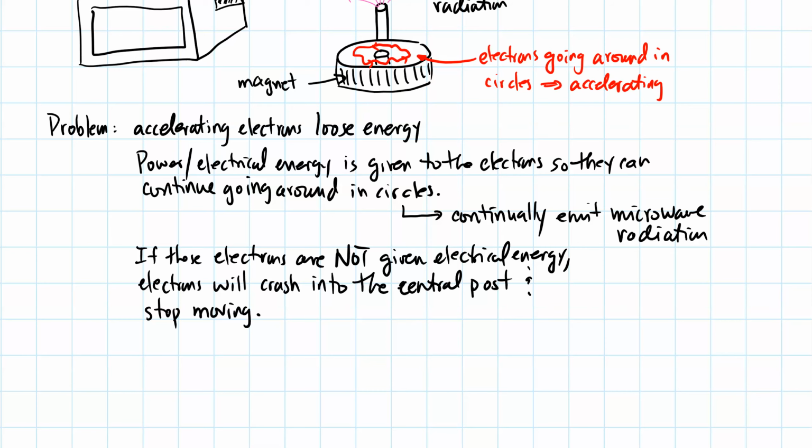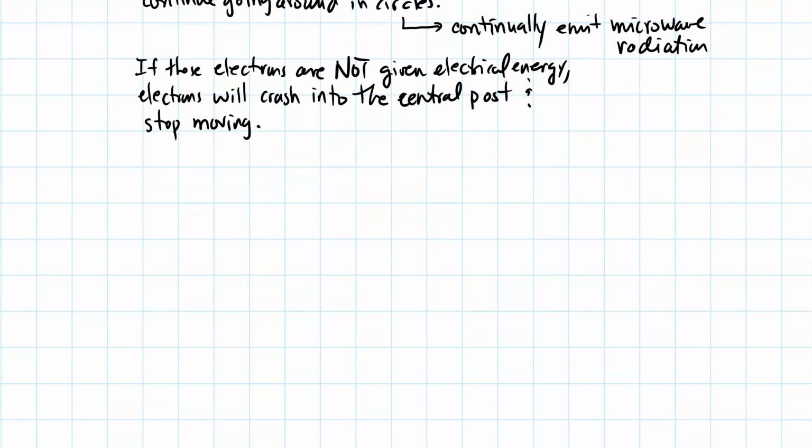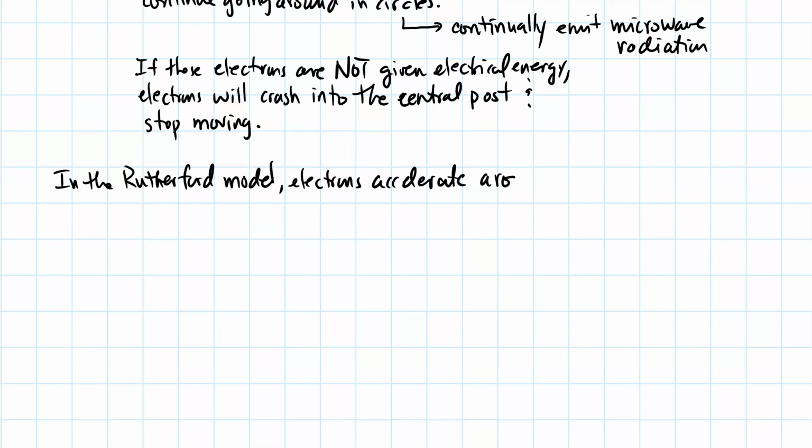Now let's go back to the Rutherford model. In the Rutherford model, electrons accelerate around the nucleus. So I have my electron, I have my positive nucleus, and it's in this planetary orbit.